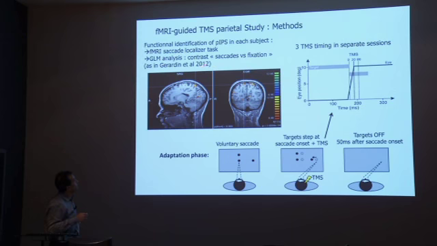To do that, the fMRI scans were done exactly in the same conditions as in the fMRI saccade localizer task described by Girardin previously. Using this information, thanks to a neural navigation system, we could precisely position our stimulating coil to stimulate PIPS.